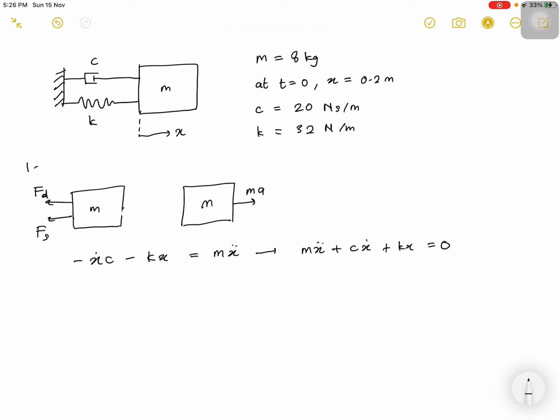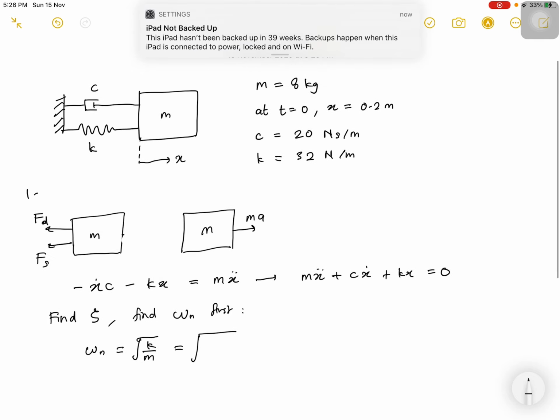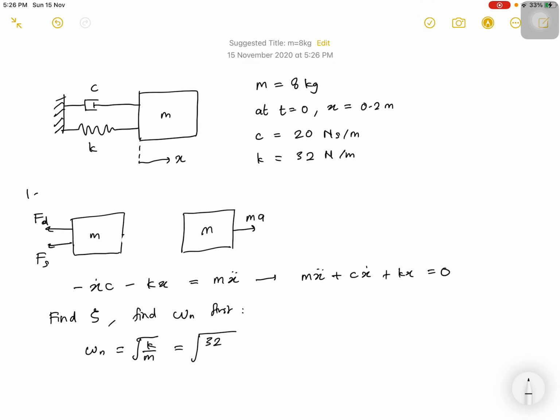Okay, so we need to find the zeta. First we need to find omega n, the natural frequency. So omega n is equal to this formula. We know already these values.